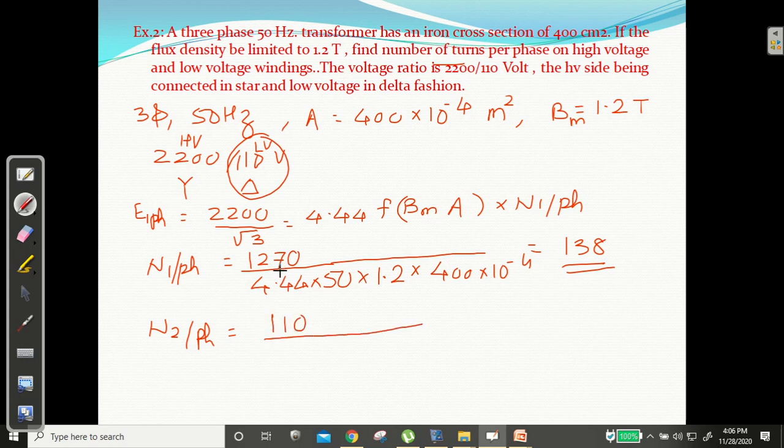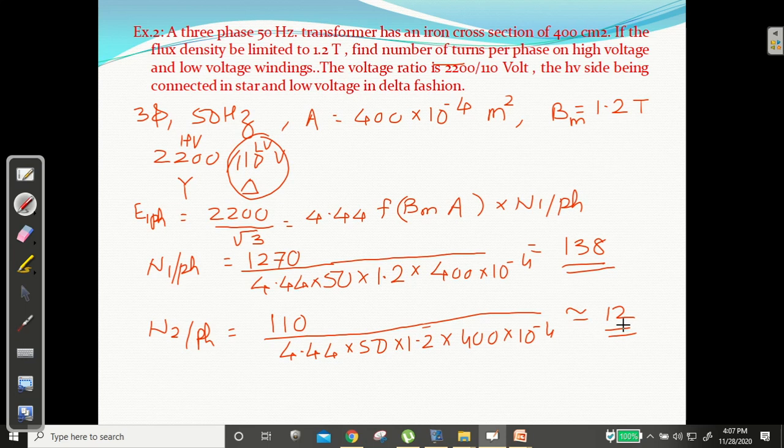No need to divide by root 3. So 110 upon 4.44 into 50 into 1.2 into 400 into 10 raised to power minus 4, approximately 12 turns.